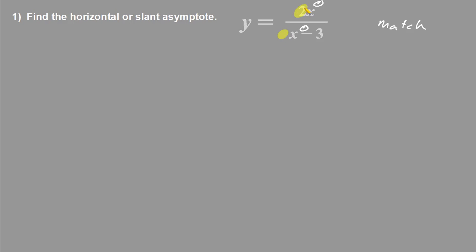If they match, that means I have a horizontal asymptote. And now looking at my leading coefficients, so 2 over 1, so my horizontal asymptote is 2.